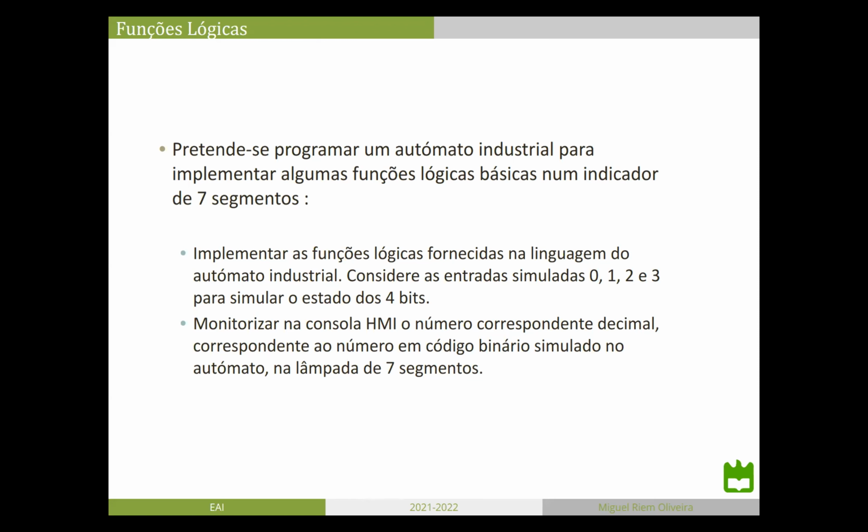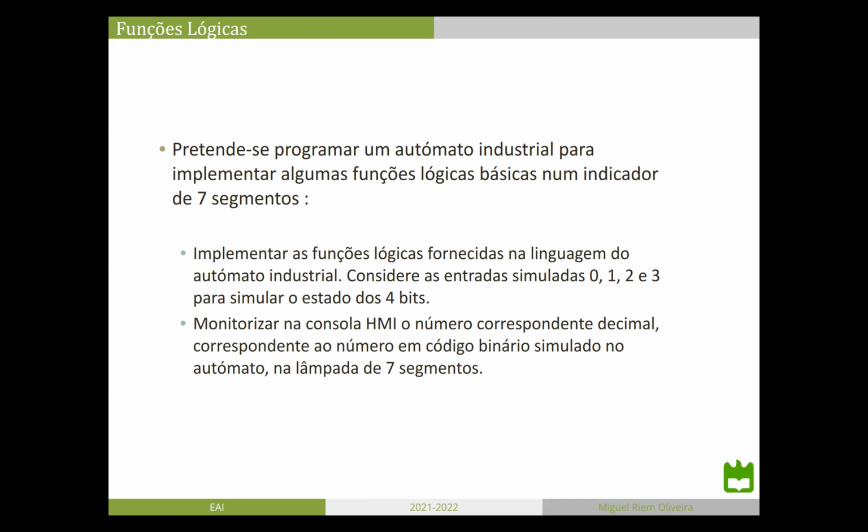Once you have the logical functions for each of these segments, that would be S1 equals V0, not V1, and so on, for all of them until S7 as well. Once you have this, you have to put this in your PLC program, and this is done in the HMI. Based on the examples that I have already taught you in the previous classes, I think you can do this, no problem.